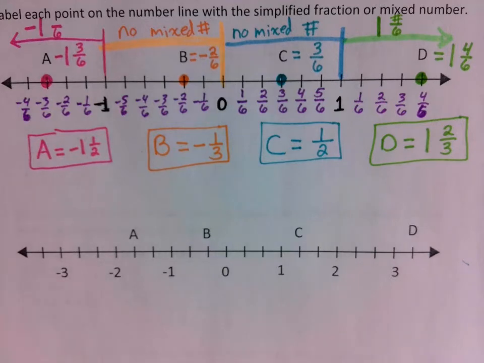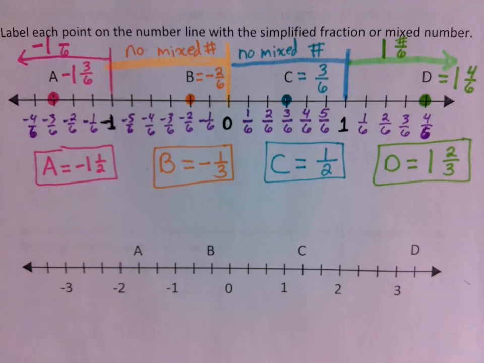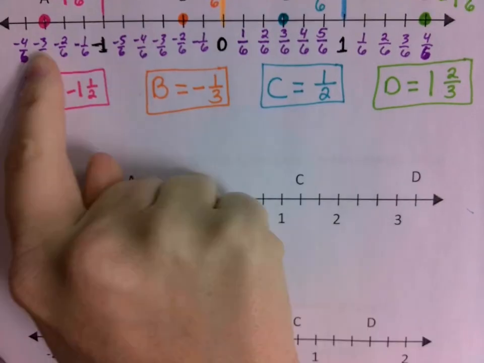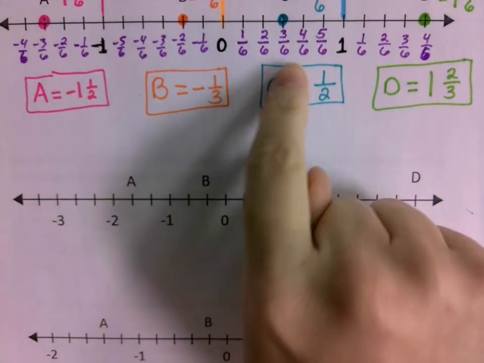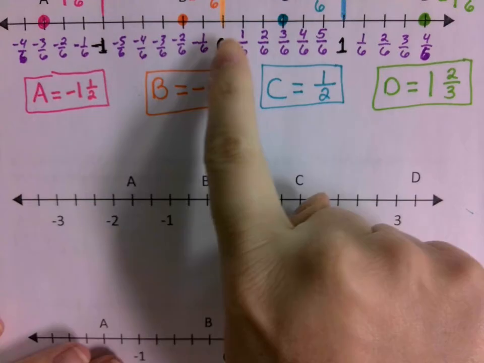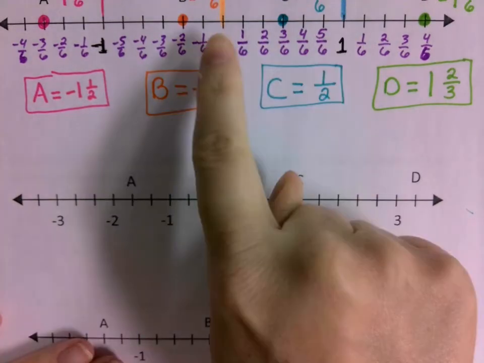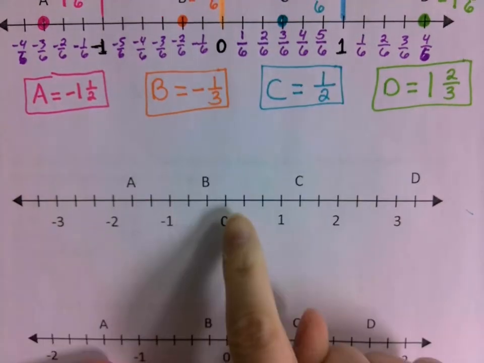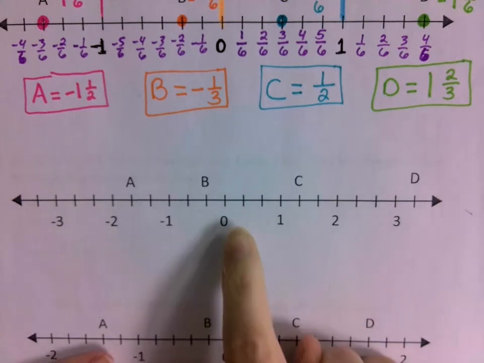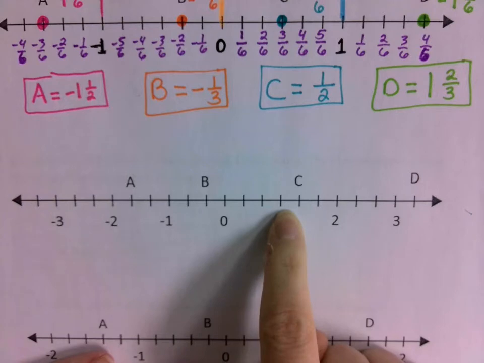So for this second problem, like I said, the first ones were all split into fractions of 6, because it takes 6 lines to get from 0 to the 1. Let's count how many it takes us to get from 0 to 1 here. 1, 2, 3. It takes us 3 spots to get from 0 to 1.